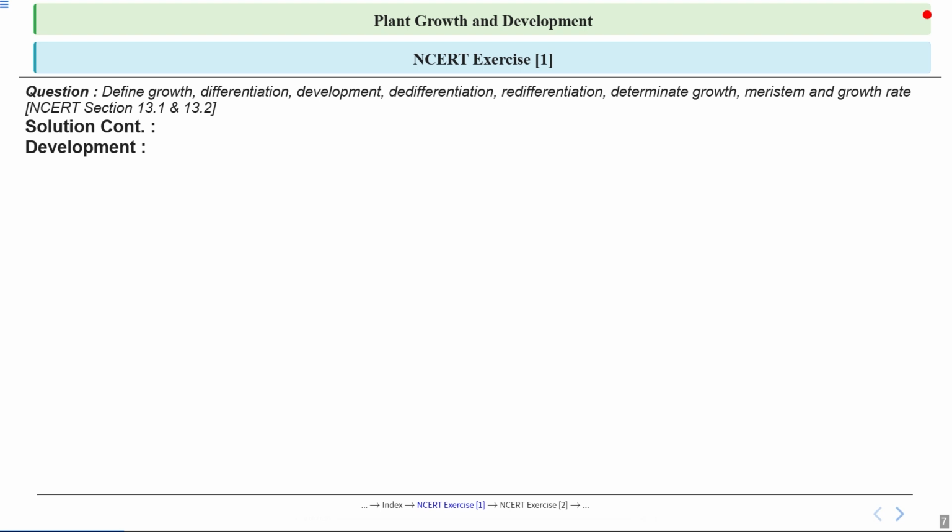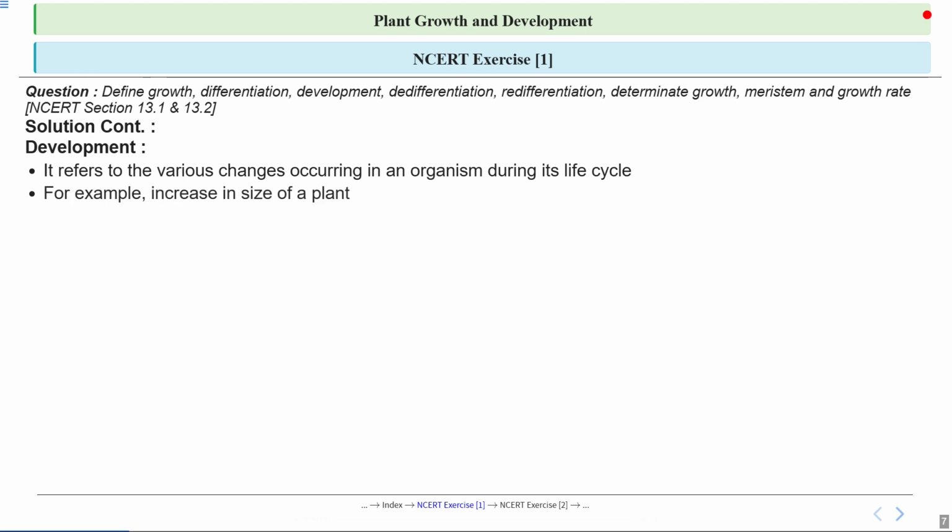Talking about development, it refers to all the changes that occur in an organism during its life cycle. It's not just about getting bigger, it's about the transformation from one stage to another, like from a seed to seedling, then to a mature plant. For example, when a plant increases in size, that's a part of development.